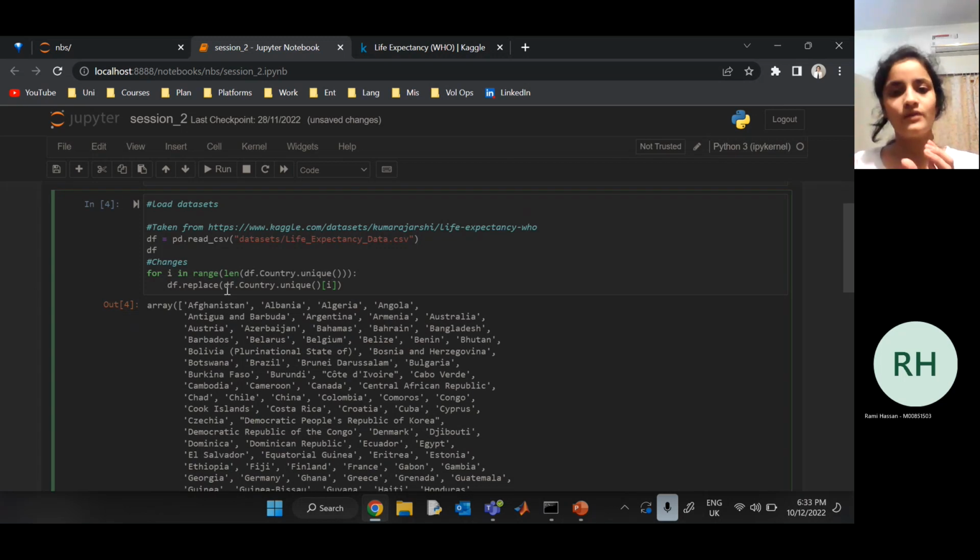The second is the value that you want to put in place of that. So replace the first parameter with the second one. Here I'm taking that unique array and saying pick up the i-th one. So if i is 0, pick up the 0th element, in this case Afghanistan. It's going to pick up each country's name in that whole column and change it to i, in the sense, just change it to that number. i is the number, right?